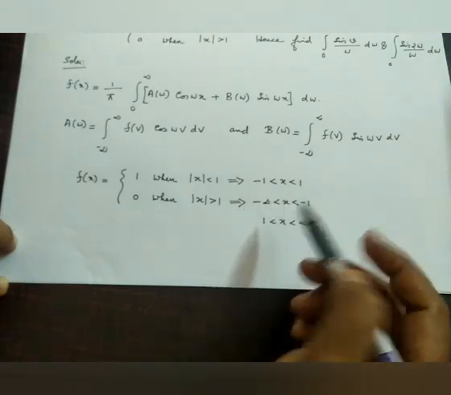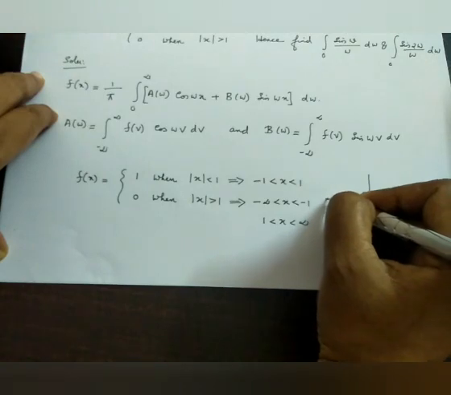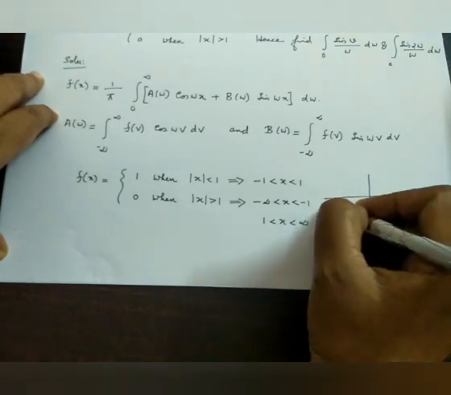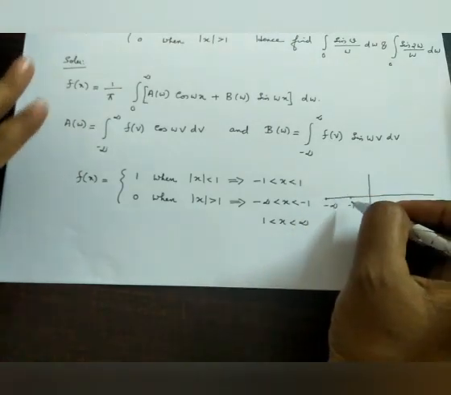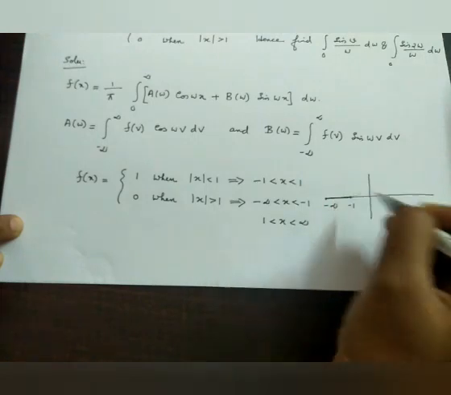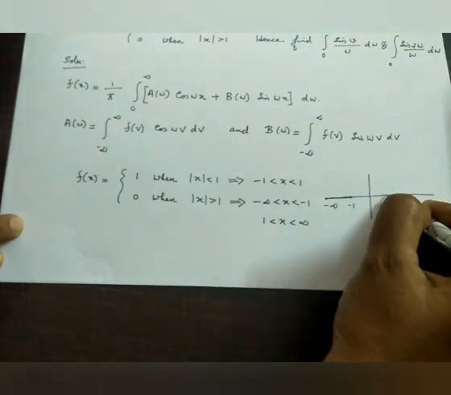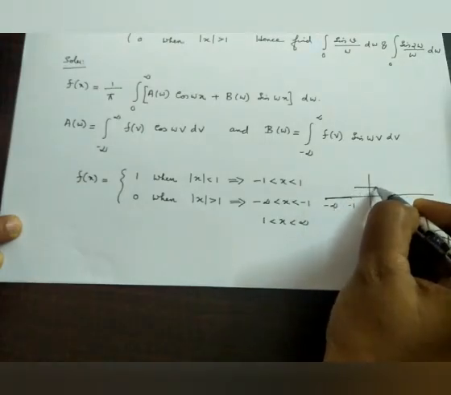That means, I am drawing the same: from minus infinity to minus 1, the value of the function is 0. From minus 1 to 1, the value is given as 1.